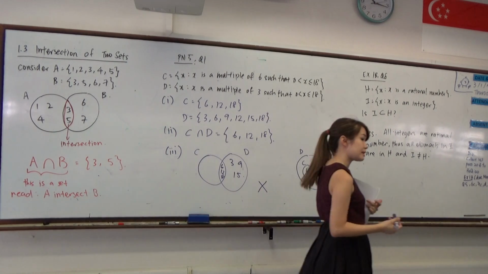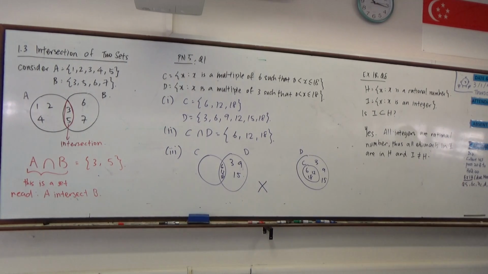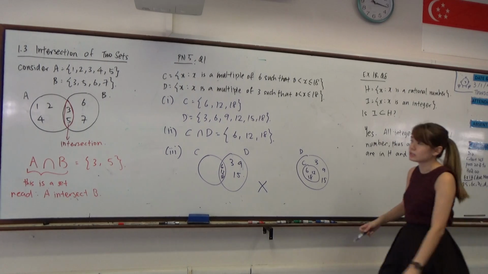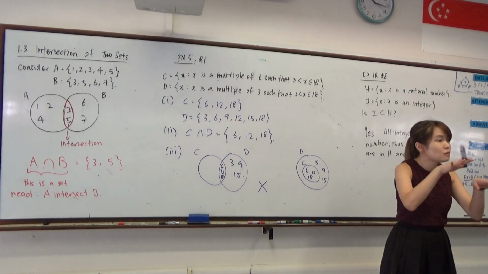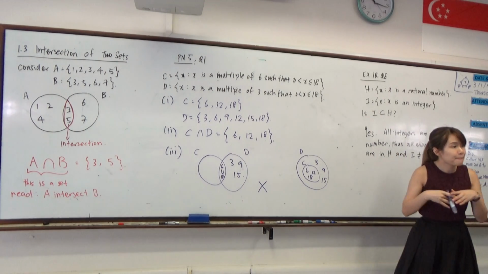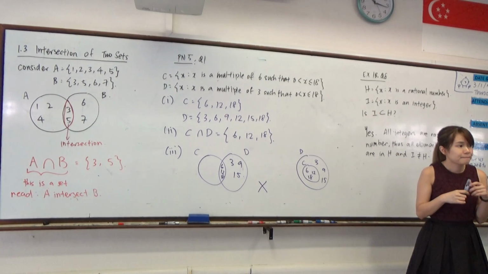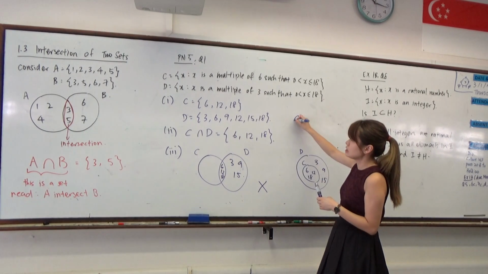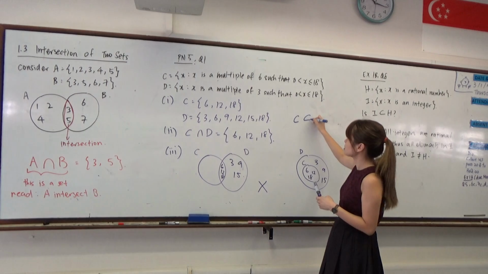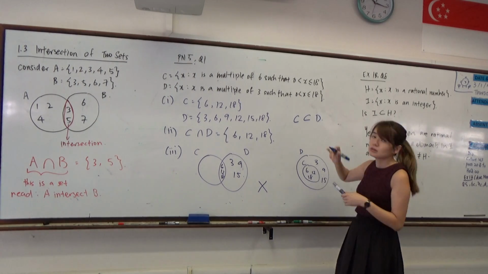It is a proper subset. So it does not mean that intersections must always look this way. It could actually be a proper subset. There are different ways of overlapping. So in this case we can say that C is a proper subset of D.